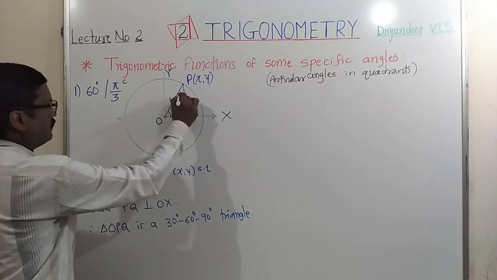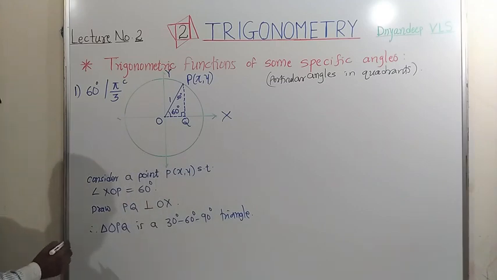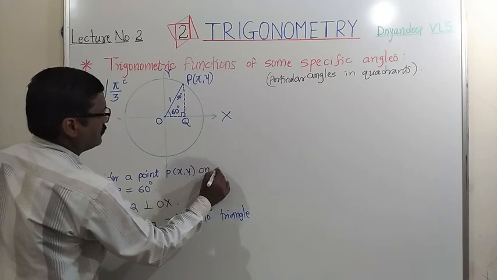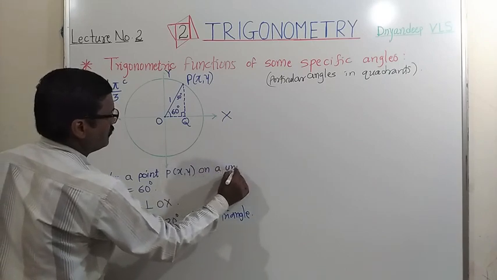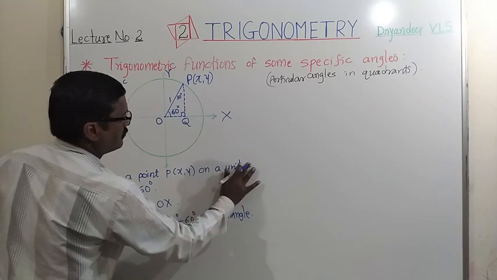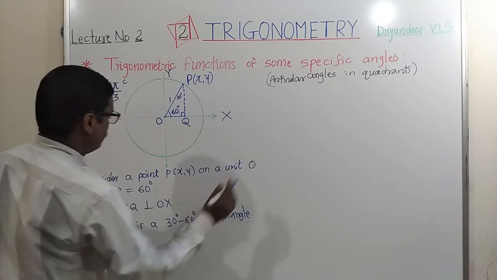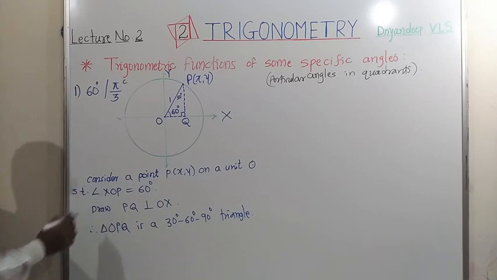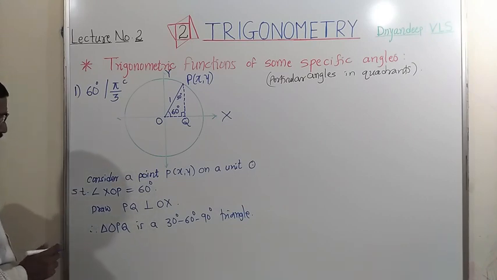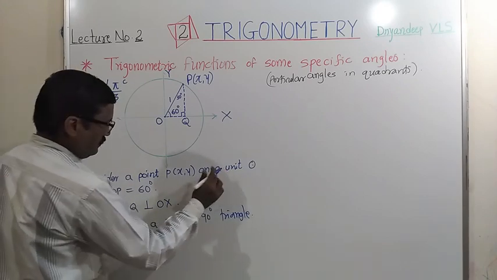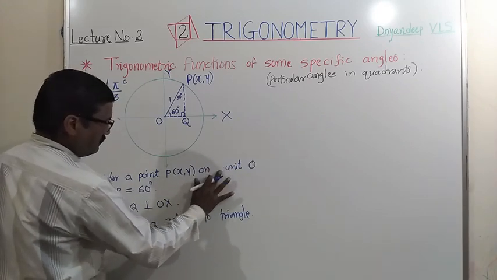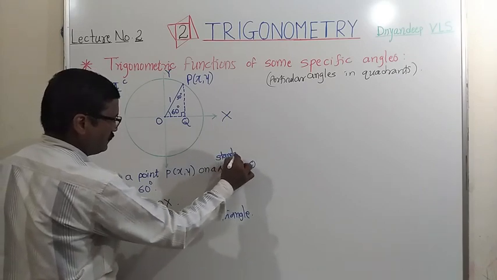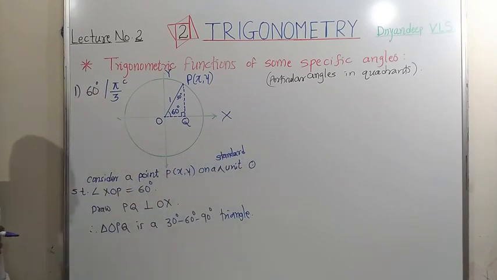Now consider a point P(x, y) on a unit circle, such that angle XOP equals 60, on a standard unit circle. We are taking here the standard unit circle.